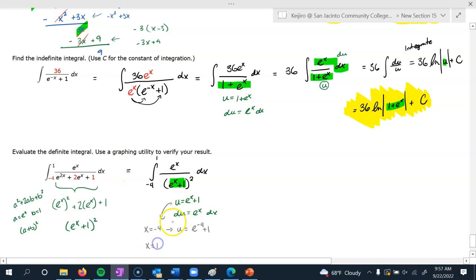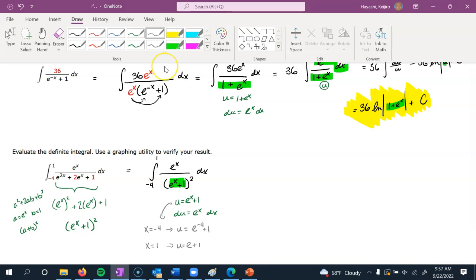And if x is 1, throw 1 into here, e to the 1 is e, so my upper bound for u will be e plus 1. Okay, so again, you don't have to find these out or use them if your plan in the end is to switch everything back in terms of x and just use your original bounds, like negative 4 and 1. Like, you don't have to do this then.